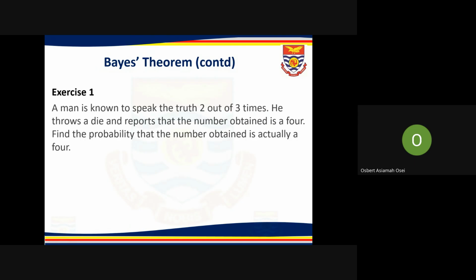So now we have the probability of the truth there. The two events, let's call them A and B, so we have these probabilities.